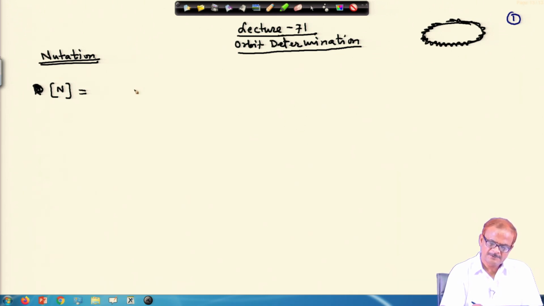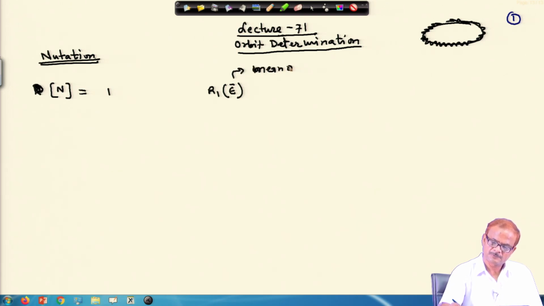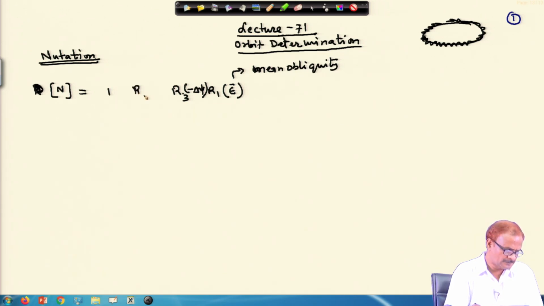This motion can be written in the form: first we give a rotation about the x axis by epsilon bar, which is called the mean obliquity, and then we give the next rotation about the z axis by minus delta psi, and the last rotation we give again about the first axis, the x axis, by epsilon.